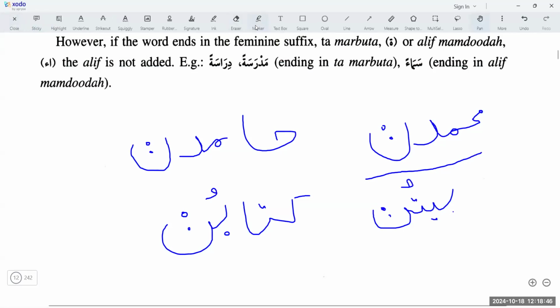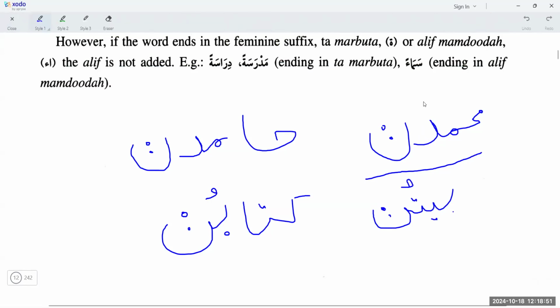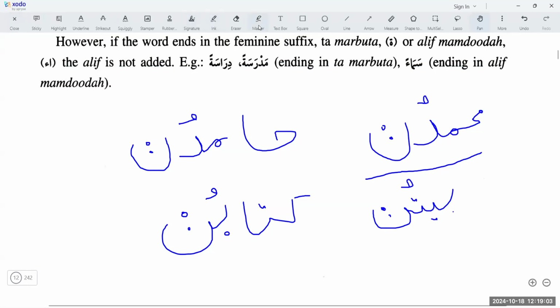Muhammadun is actually like this. Hamidun is actually like this. What do we do? We remove the noon sukun.